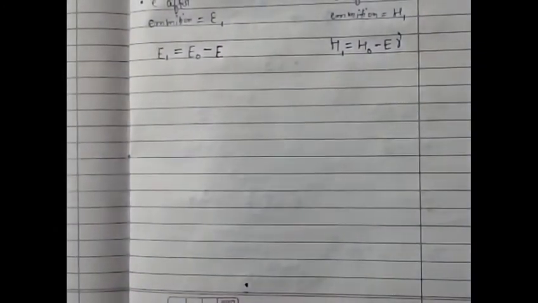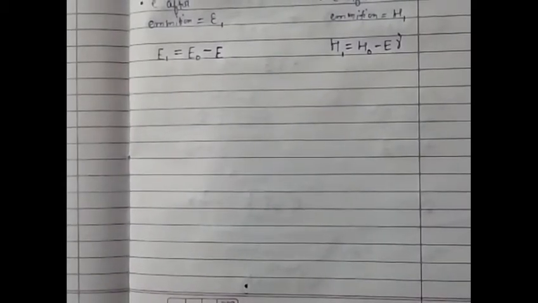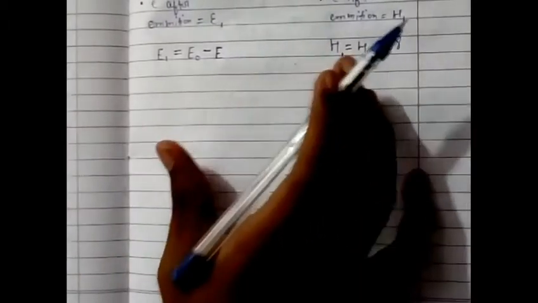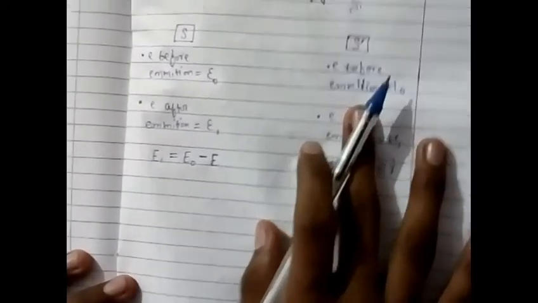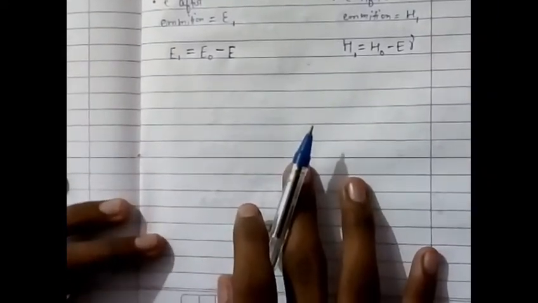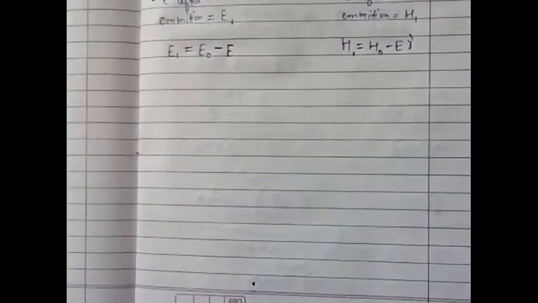So there's a difference between the S prime and S perspective, and the difference is because S prime is in motion. Because it's in motion, it has an energy that is known as the kinetic energy.